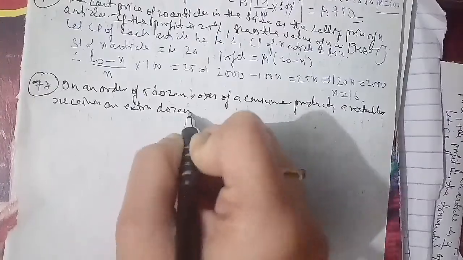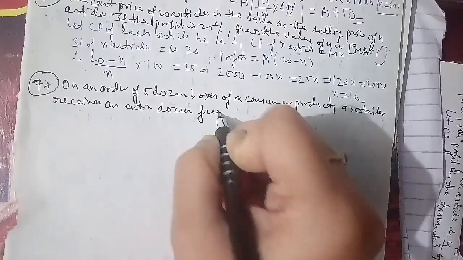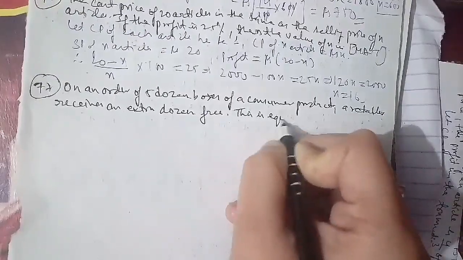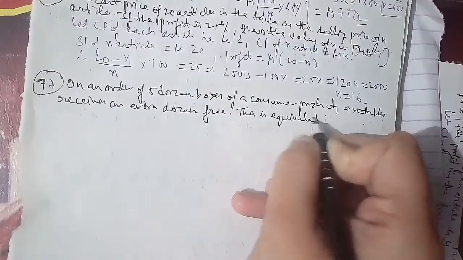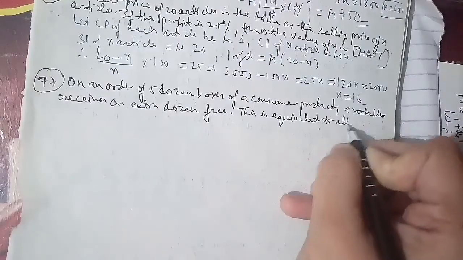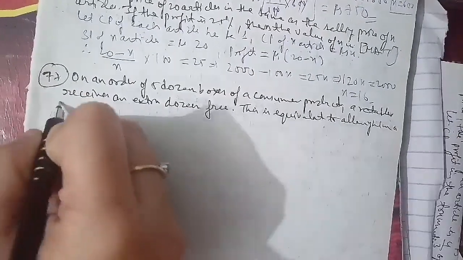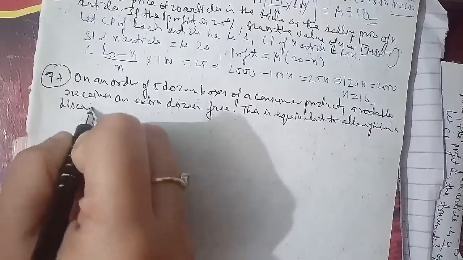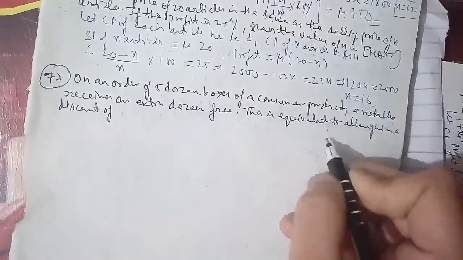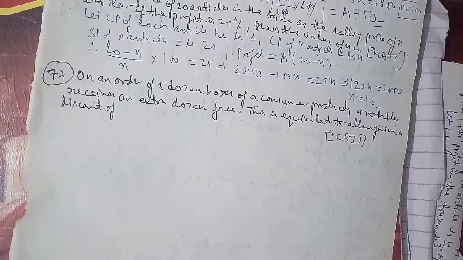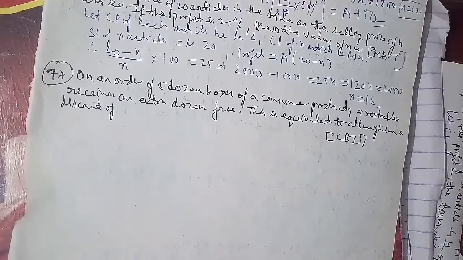This is equivalent to allowing him a discount of, that has been asked in the CBI examination paper. That is the 77th question here.